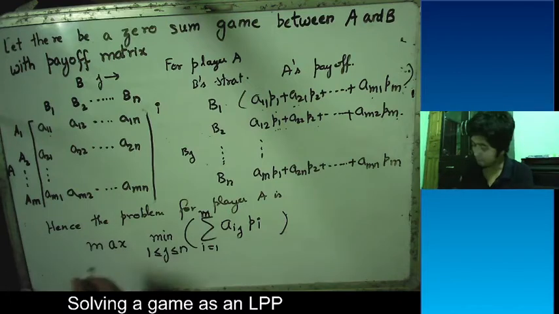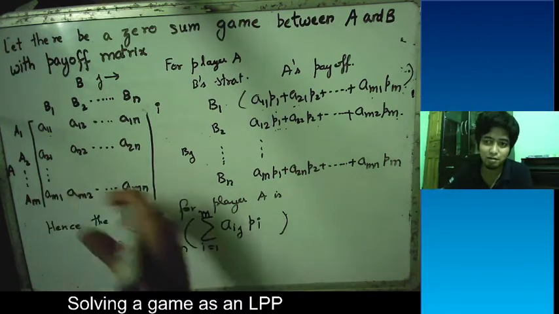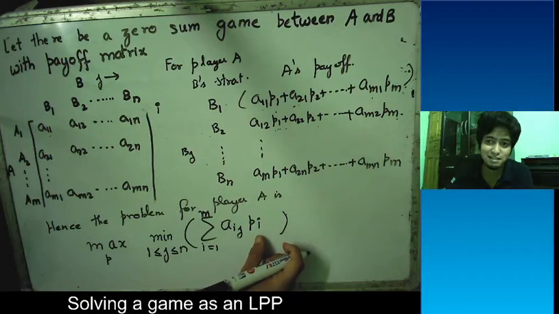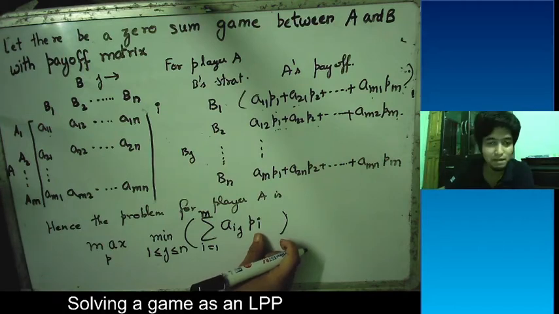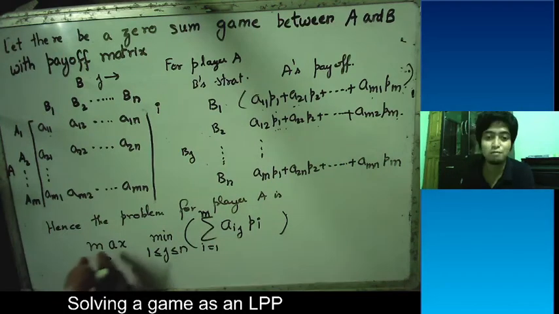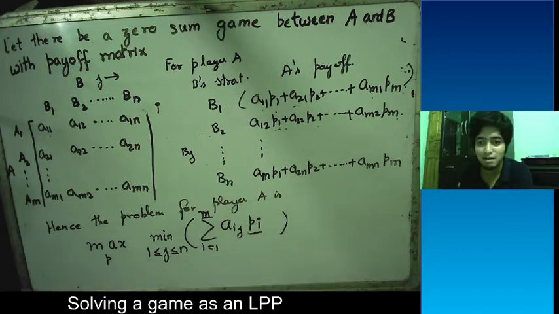How can he maximize it? He can maximize it by adjusting the probabilities. He has control over these probabilities. He can change his strategy anytime. He may not be able to change player B's strategy, but he can surely change his own strategy, that is by changing these probabilities Pi.